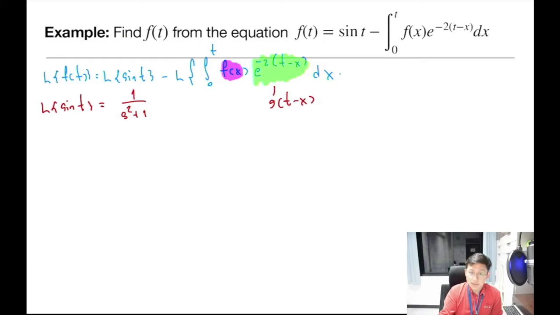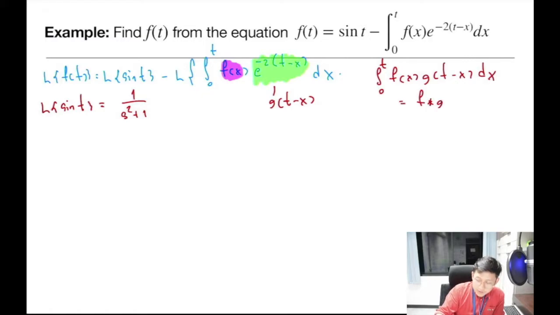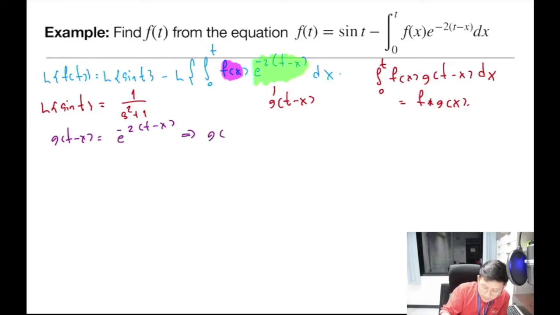Don't forget, guys, the convolution, if you have the formula with you, is the integral from 0 to t of f(x) g(t minus x) dx. That is the convolution of f and g. So if we know that g(t minus x) is e^(-2(t-x)), it means that g(t) is actually e^(-2t).